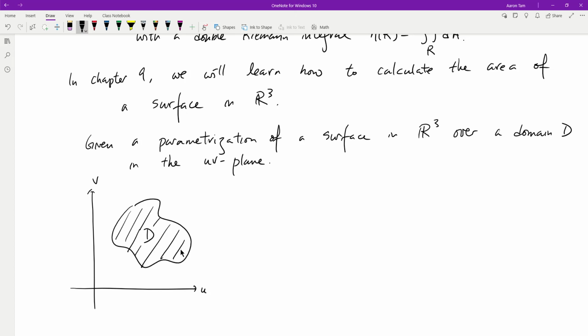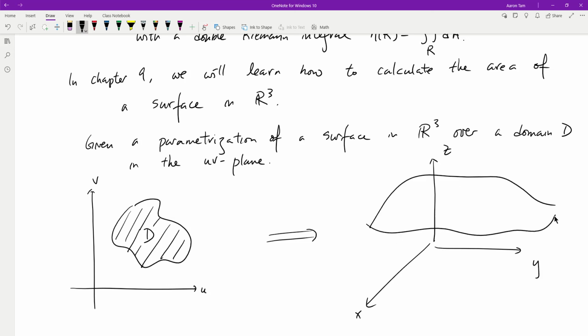So that's our domain. And it will transform into some kind of surface in the XYZ space. So once again, I'm going to draw some kind of surface. Here's the function g of uv, and g of uv equals xyz.